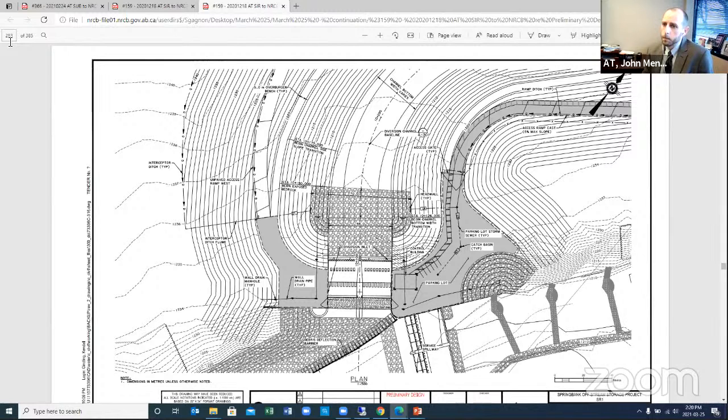And what is the elevation of the debris deflection barrier? Don't have it immediately off the top of my head, give me one second.